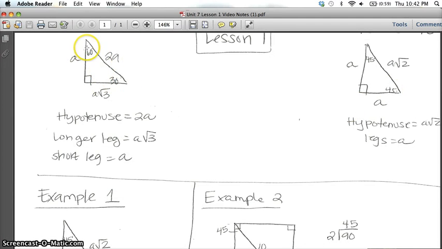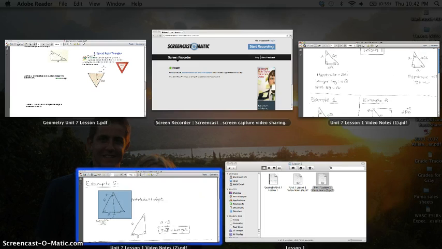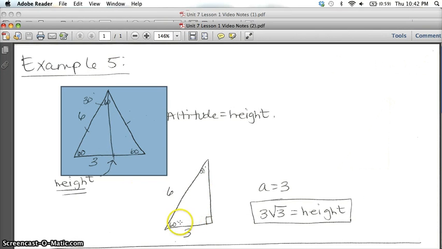Now if we go back up to our formula, for a 30, 60, 90 triangle, the side opposite the smallest angle is A. The side opposite my 60-degree angle is A square root of 3. And then the side opposite my right angle is 2A. So let's go back. Opposite my 30 degrees is 3.